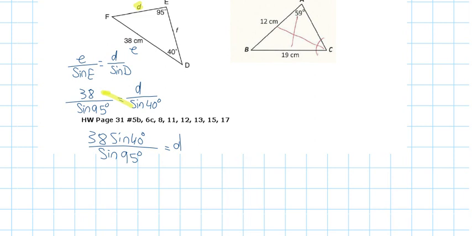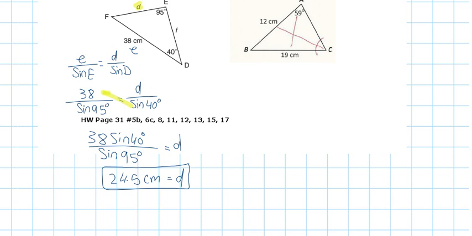You're going to tell me what you got. To how many decimal places? 1 decimal place. What was the answer? 24.5. Because it has to be to the nearest 1 decimal place.